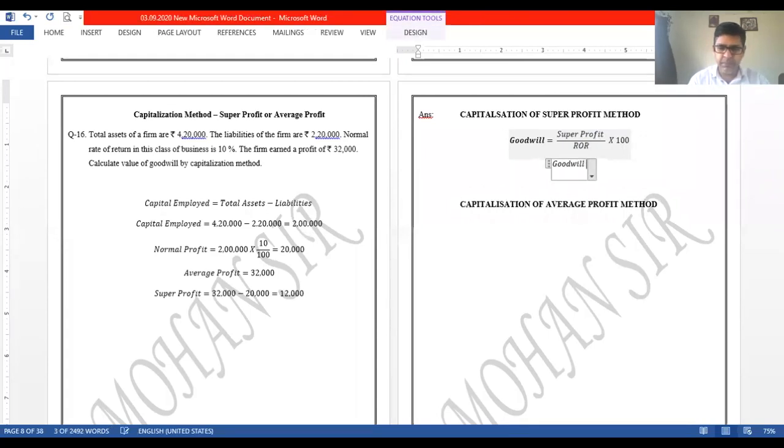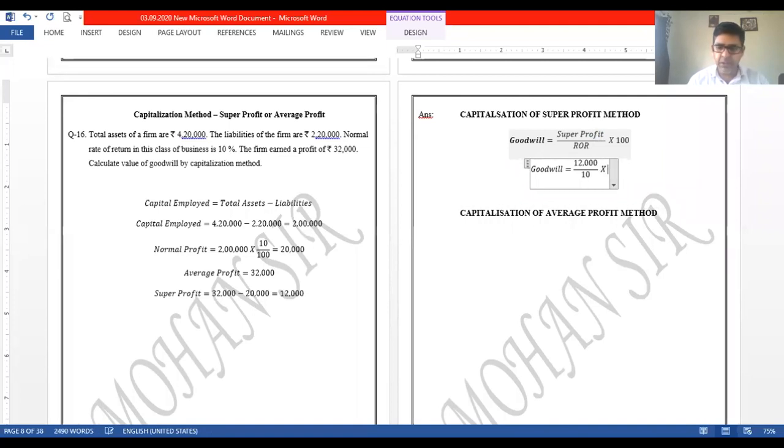Goodwill will be equal to super profit, which has come to rupees 12,000, to be divided by 10%, the normal rate of return, and into 100. Yes, it's very easy to calculate, that is 1,20,000. Okay, so this is how we are done with the calculation of goodwill under the capitalization of super profit method.